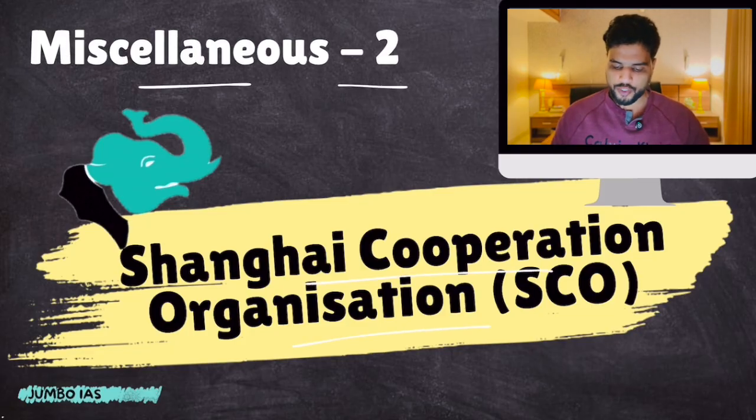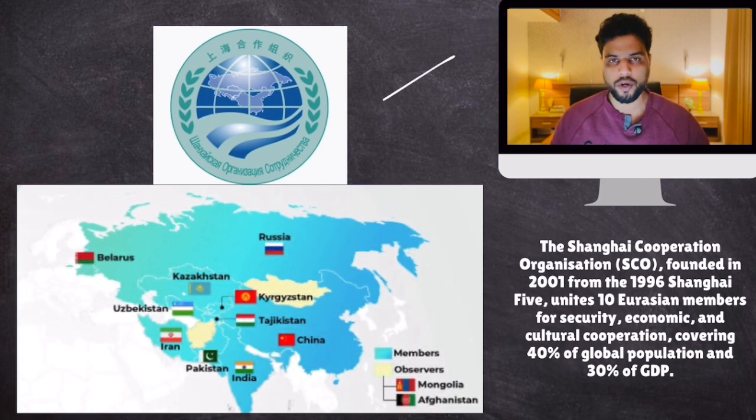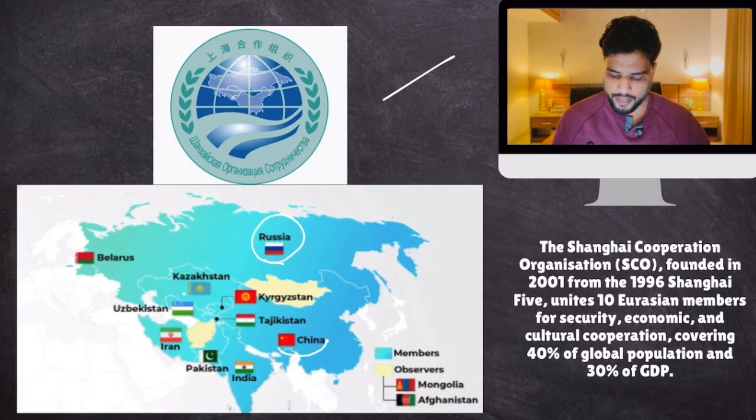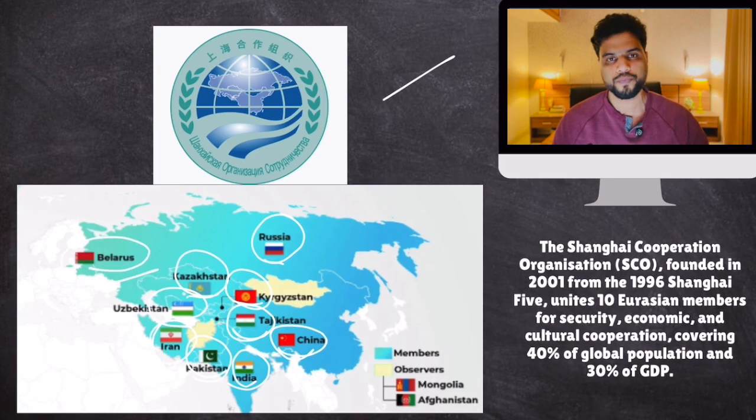This is the symbol for the Shanghai Cooperation Organization, and these are its members: Russia, China, India, Pakistan, Tajikistan, Kyrgyzstan, Kazakhstan, Uzbekistan, Iran, and Belarus. In total, it has 10 members.